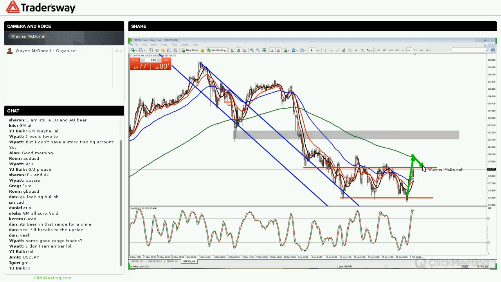Retest. What used to be resistance is now support, up into what used to be support is now resistance. Okay? And if you're a bull, you think it would come down, reset, break, retest, up to about this area. Takes a long time to turn the ship around.